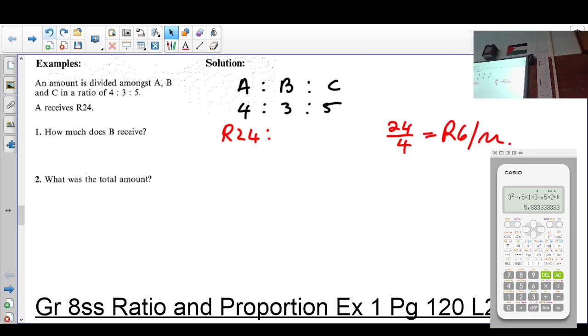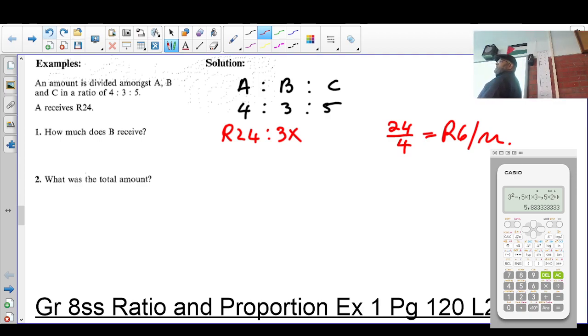So now the question: how much would B get? B is going to be 3 times 6, so that's 6 rand per unit, and B has 3 units. Go through it at the back. Look here. And C receives 5 times 6.